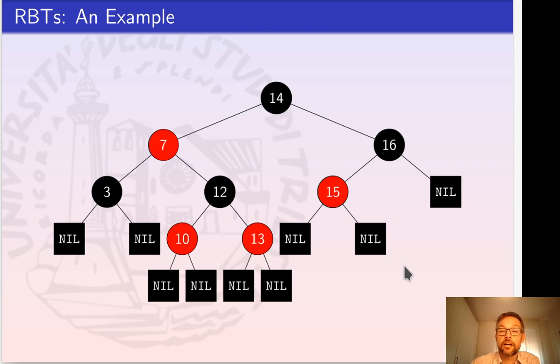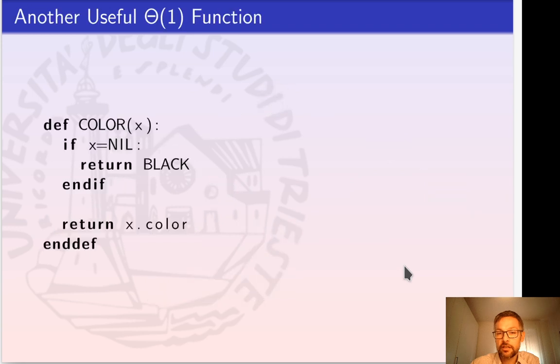Now, seeing this definition and this example, we may want to define another useful function, which is the color of a node. By the way, we need, of course, to enlarge our data structure to store the new property, and this is done by using this notation. This notation contains the color of a node which is different from nil.